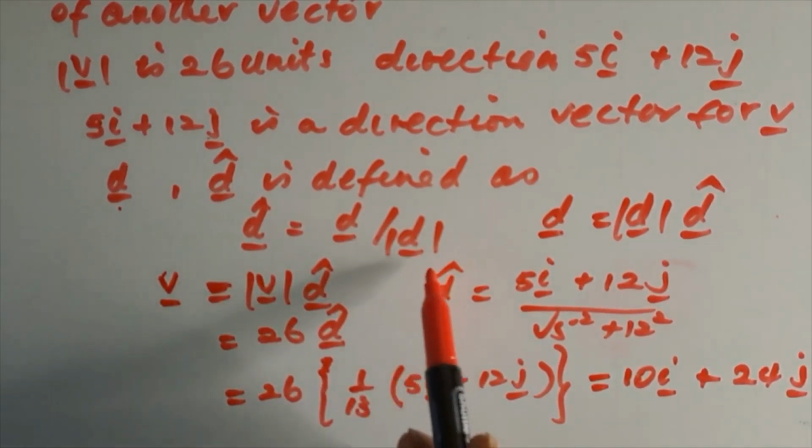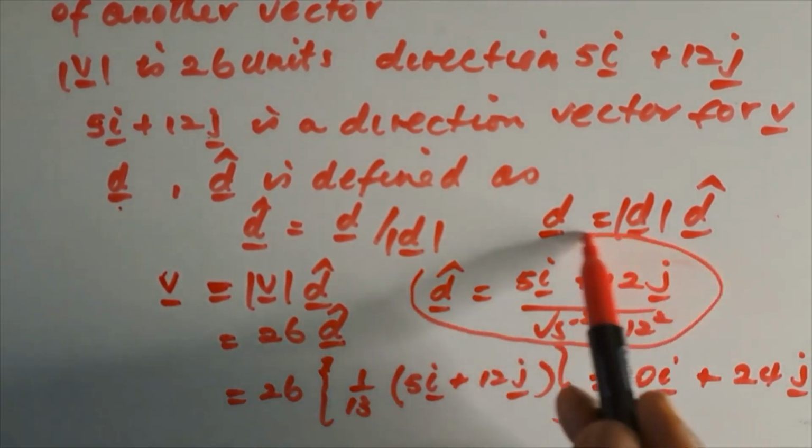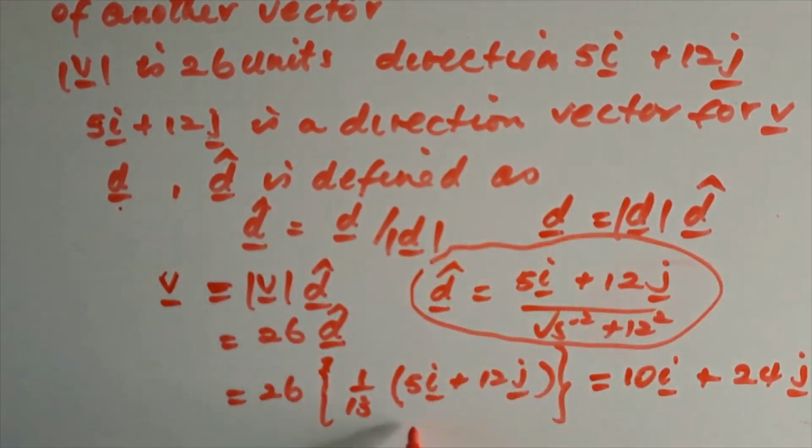We've calculated that here, which gives us what's in this pair of curly brackets, multiplied by the magnitude will give us the vector v, which evaluates to 10i + 24j.